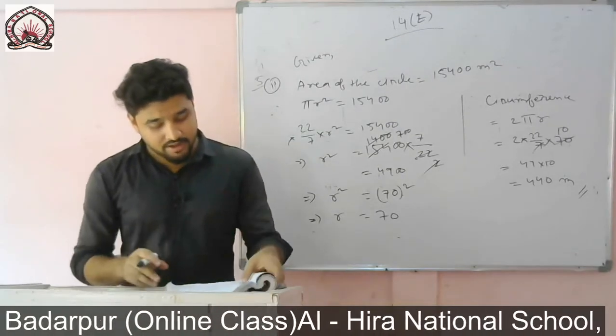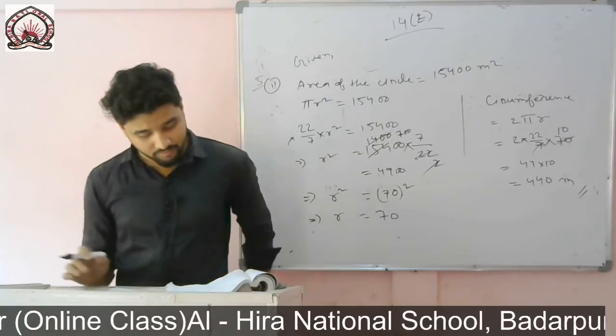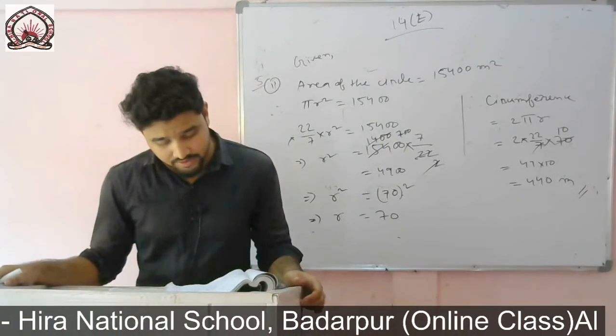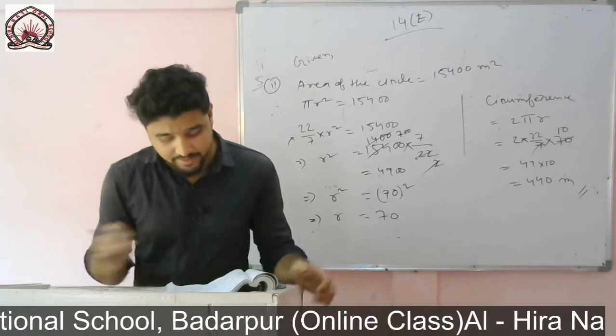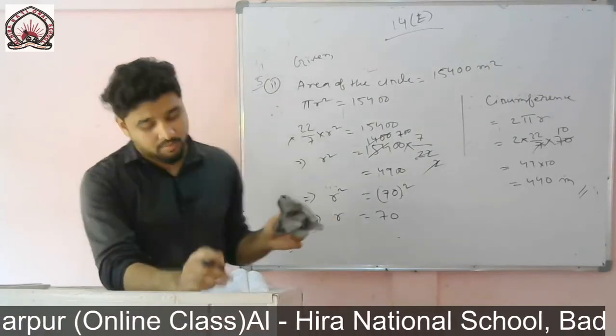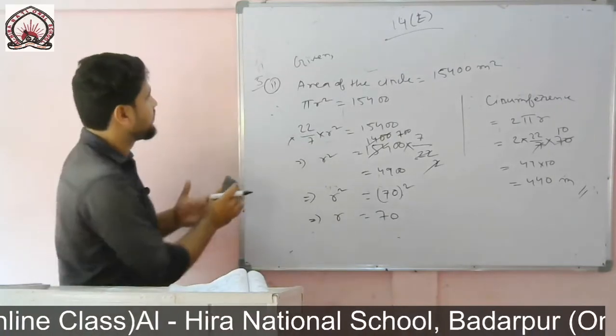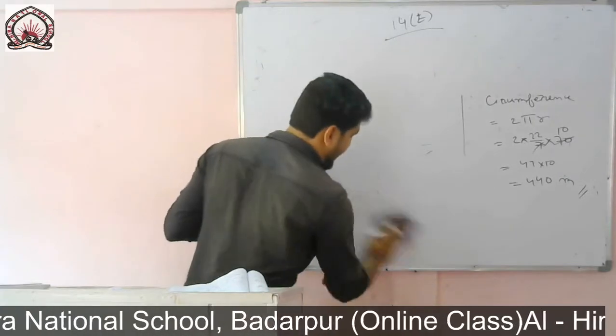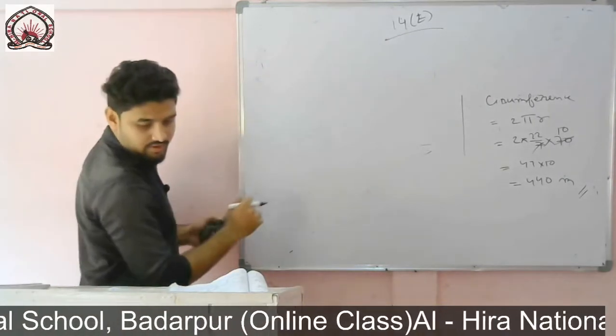Now come to question number 6. Find the area of the quadrant if the radius is 7. To find the area of the quadrant, quadrant means 1/4. Question number 6.